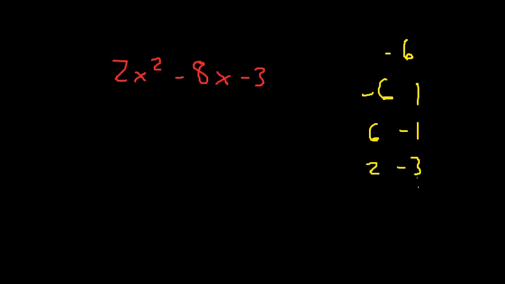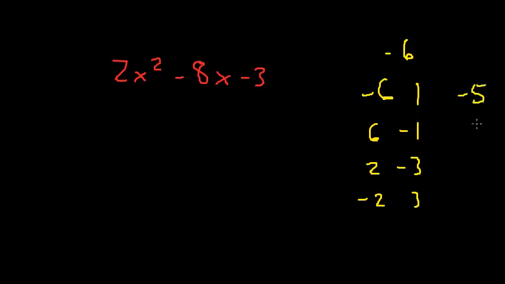Let's try 2x squared minus 8x minus 3. So here I try 2 times negative 3, which gives me negative 6. So again, I find factors of negative 6 that hopefully add up to a negative 8. So we have negative 6 and 1, 6 and negative 1, 2 and negative 3, and negative 2 and positive 3.